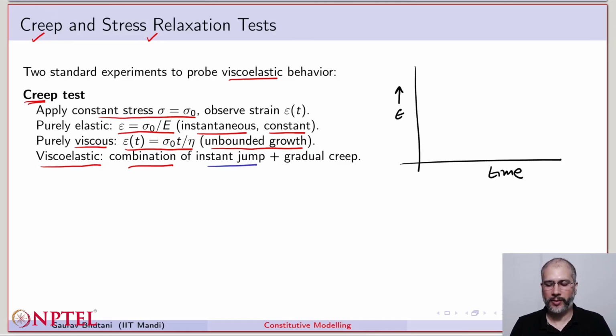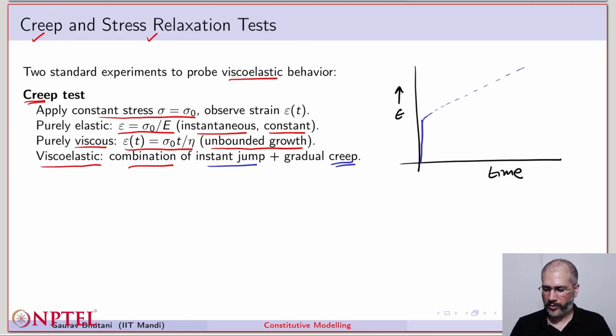There is a solid behavior, so all of a sudden, a strain develops. And then because it also has a fluid-like behavior, it starts to linearly increase its epsilon with time. So this is a viscoelastic fluid where we see that there's a gradual creep over time. That is, if you're looking at the material with a constant sigma naught, the material starts to creep or elongate gradually, unboundedly over time.